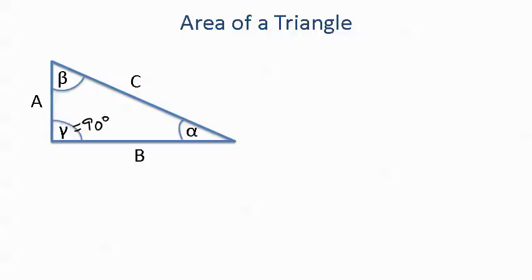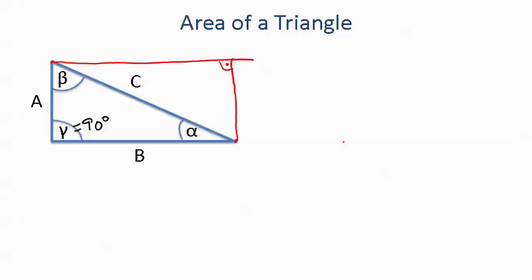We will draw a line parallel to side B from this vertex up here. And then we will draw another line parallel to side A from the opposite vertex. And the intersection of these two lines will be 19 degrees, the angle included in those two lines.